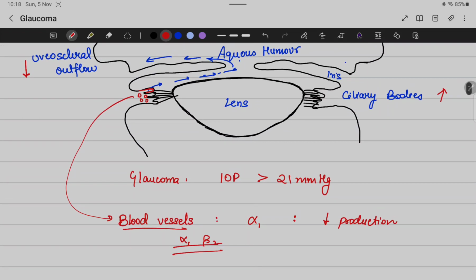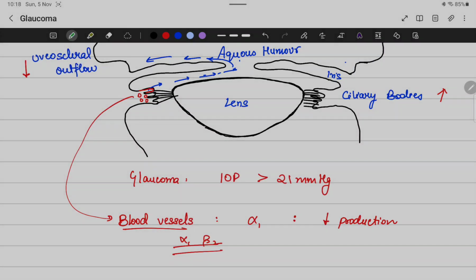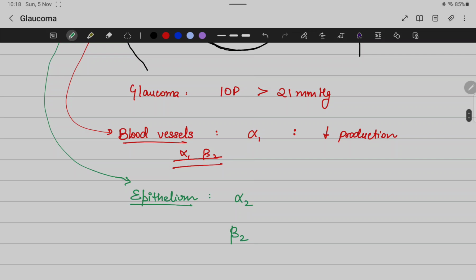Then you have the lining epithelium of the ciliary body. First the blood vessel gives the fluid to the epithelium, which then secretes it as aqueous humor. Your epithelium has a few receptors: your alpha 2 receptor and your beta 2 receptor.